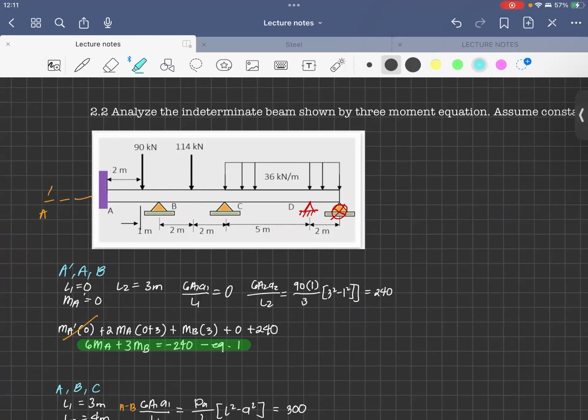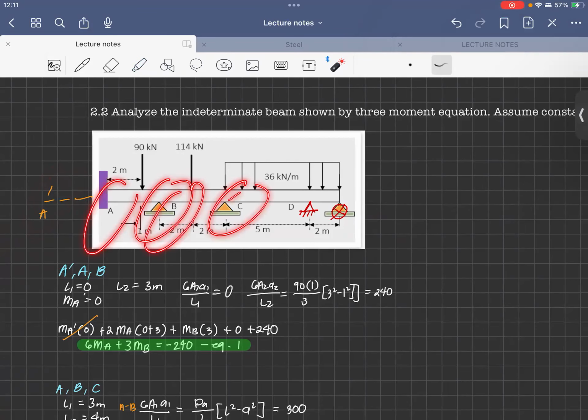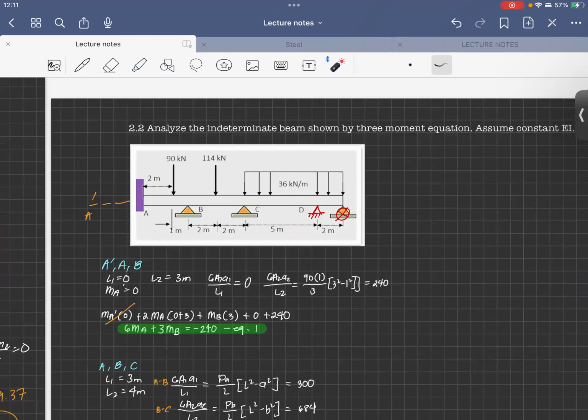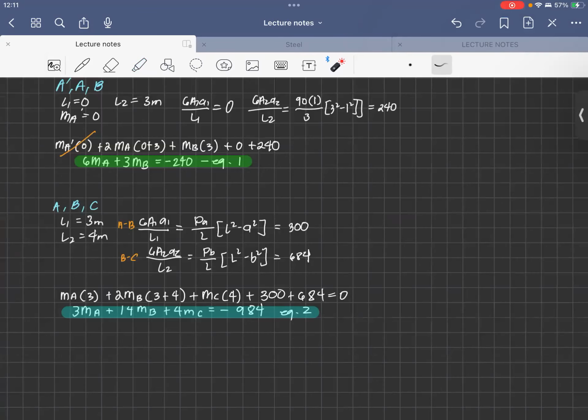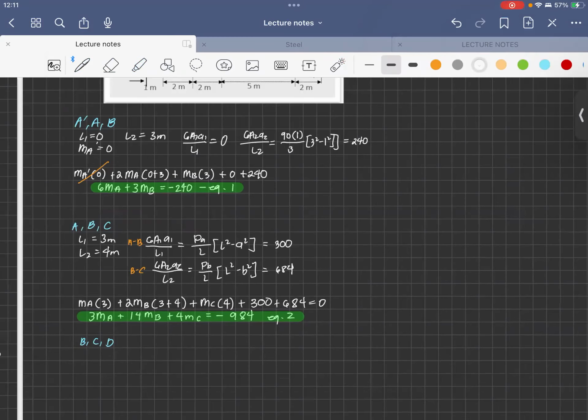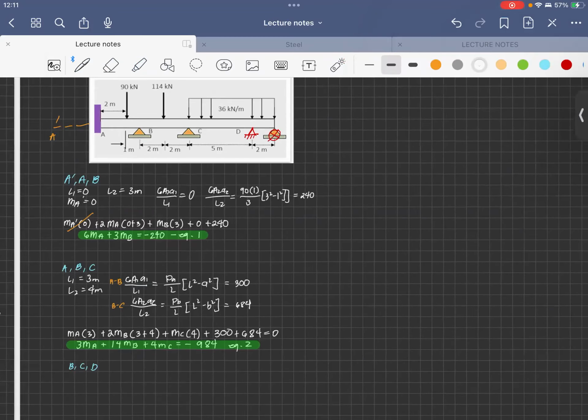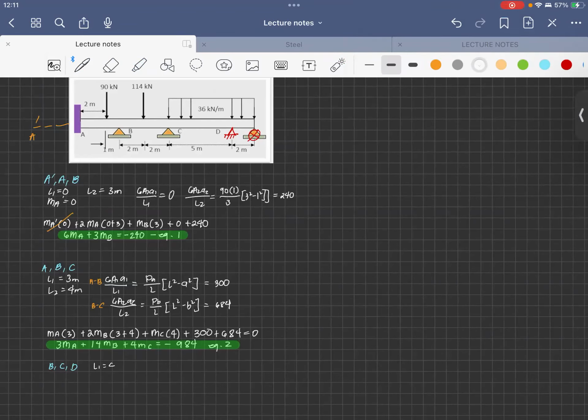We have A prime, A, B, next is A, B, C, next is B, C, D. So we have BCD. So my L1 now is 4. L2, which is CD, is 5.